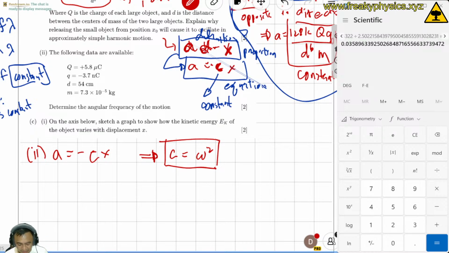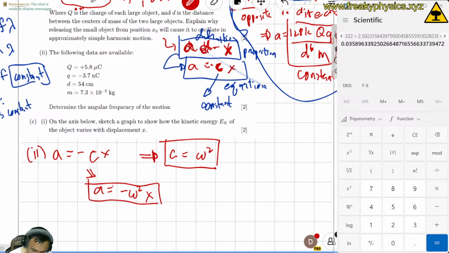All right. So with that in mind, we can rewrite this as a equals negative omega squared x, right? And we have an equation for the acceleration. Just divide the force by the mass.